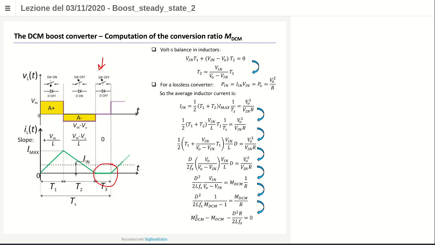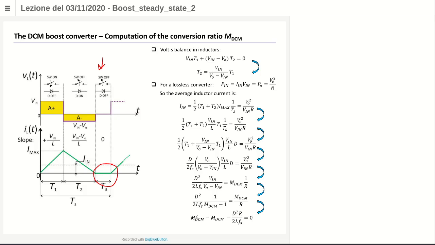So Marco asks, can you repeat why the boost converter is more stable in DCM mode? Okay, this is just an anticipation of what we will learn in a future lecture.